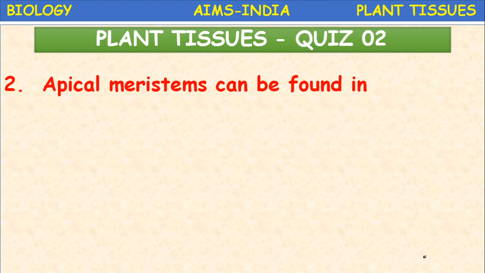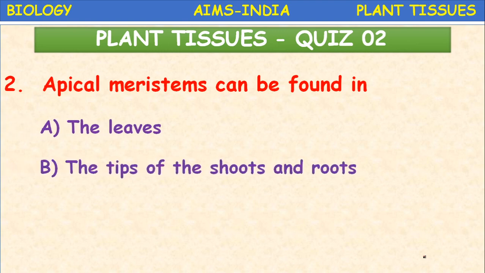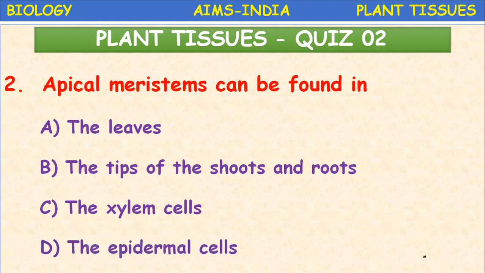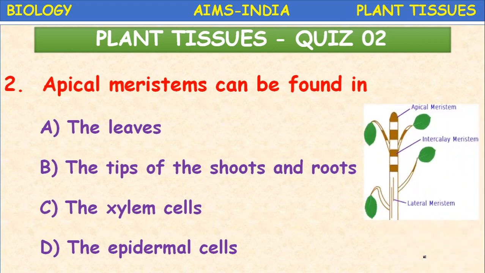Next, apical meristems can be found in the leaves, the tips of shoots and roots, the xylem cells, the epidermal cells. Apical meristems are present in the, where you can see in the figure, this is the apical meristem.